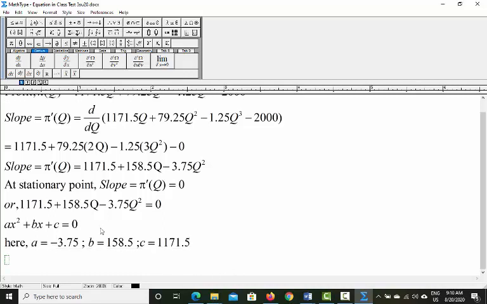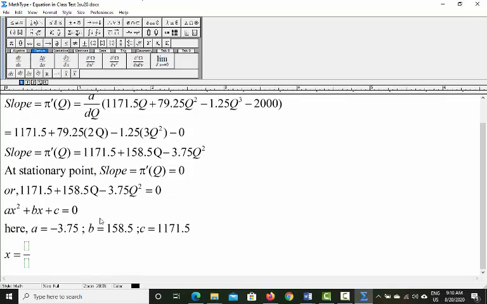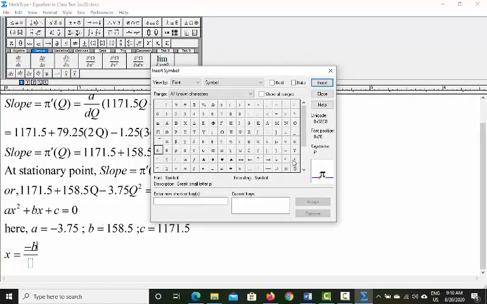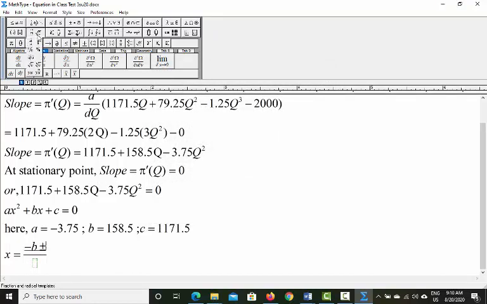If you match it, you can solve it in two different ways. You can use this formula: minus b plus minus root over b square minus 4ac, divided by twice a.